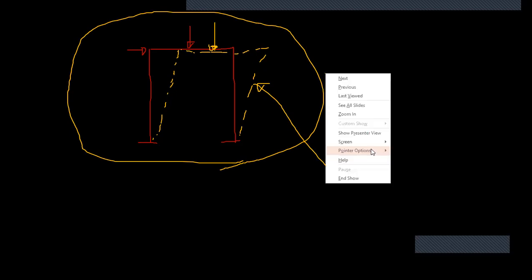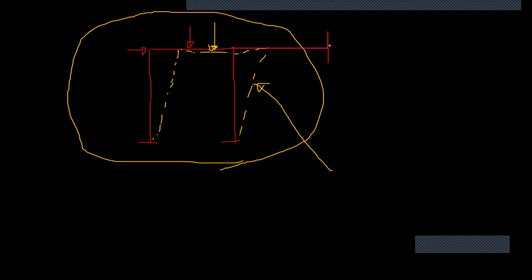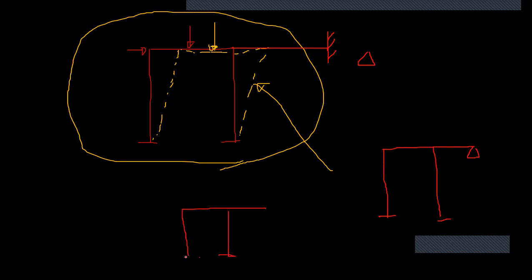So just think, if it was restrained in the horizontal direction, or else a pin support, like this. The first thing you need to determine is whether this frame can move horizontally.